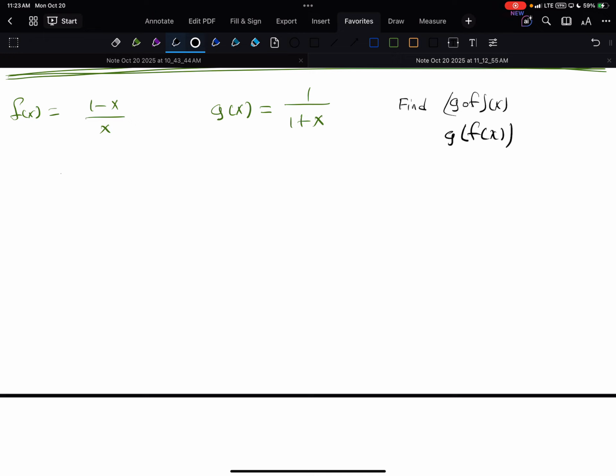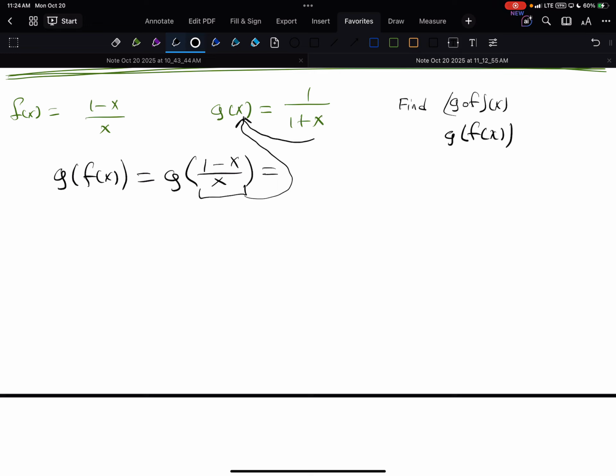And so what that means is that if I have G of F of X, the output of F of X becomes the input of my G of X. Well, the output of my F of X is 1 minus X over X. So 1 minus X over X. Okay, now that becomes the input to the dummy variable X here.